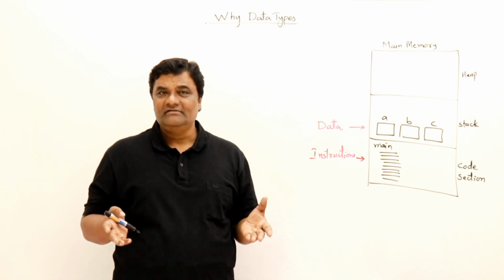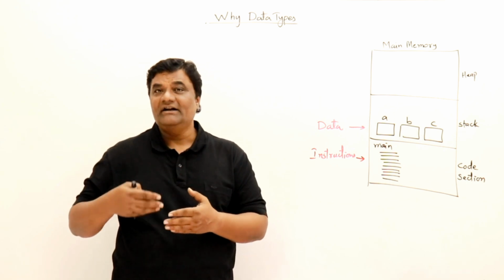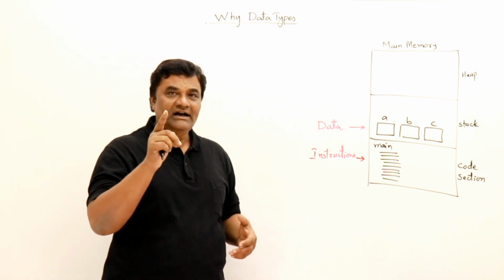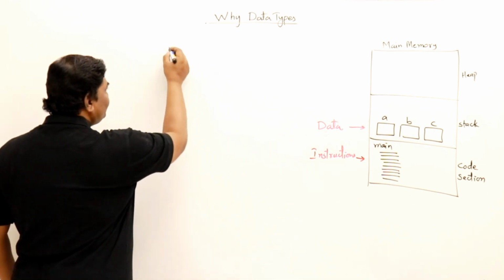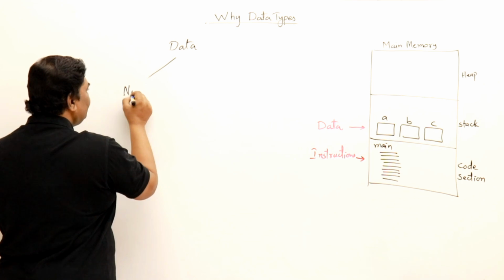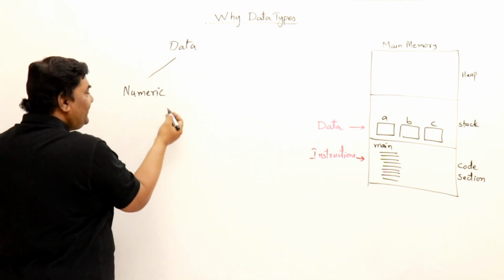This is nothing but data, right? So how do we use this data in our daily life and what computations do we perform? Let us understand this first. I will categorize the data. We use two types of data in our daily life. One is numeric data, that is a set of numbers or figures.